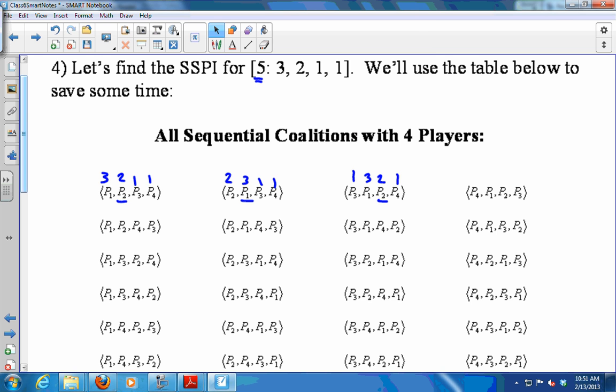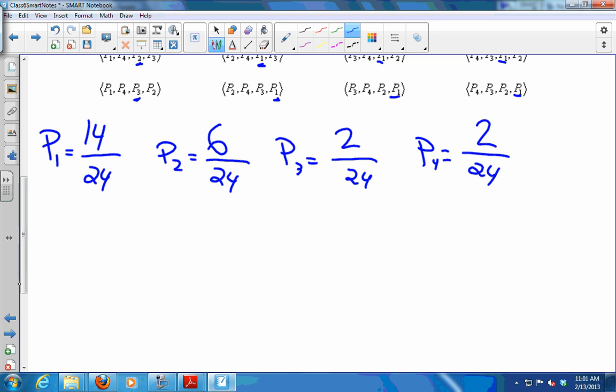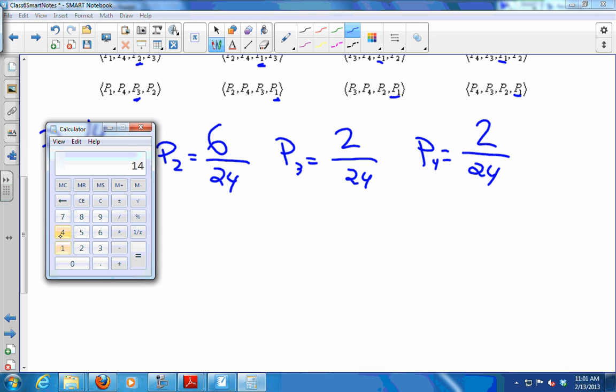So this is called the Shapley-Shubik Power Index, or SSPI for short. BPI is short for Banzhaf Power Index. Again, you could change these to percentages if you want. To change to percent, you just do the division, 14 divided by 24, and then change to a percent by multiplying by 100.